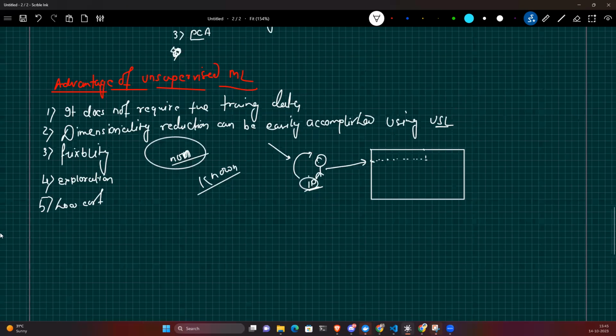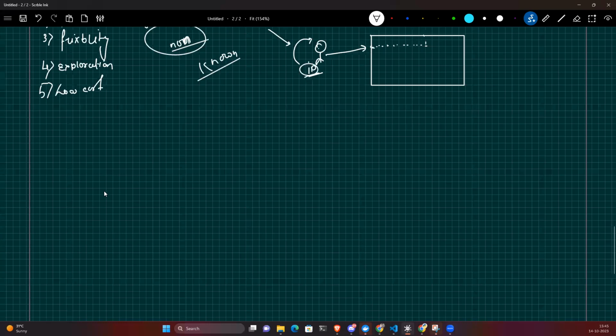Okay. Now let's talk about the disadvantages as well. Number one, see, in the case of supervised, you can evaluate the performance of your machine learning model with different kinds of metrics, right? Like if you are solving linear regression, then there are R squared, adjusted R squared, this kind of metrics we have.